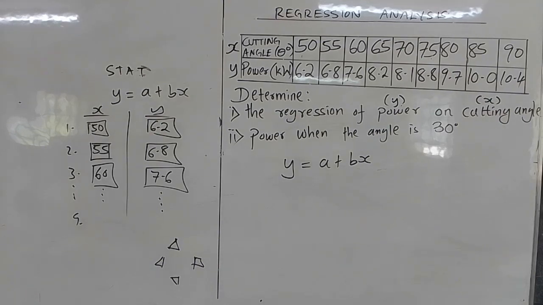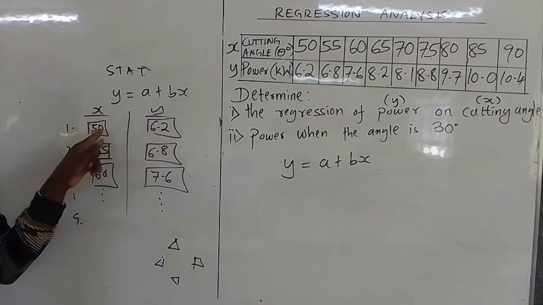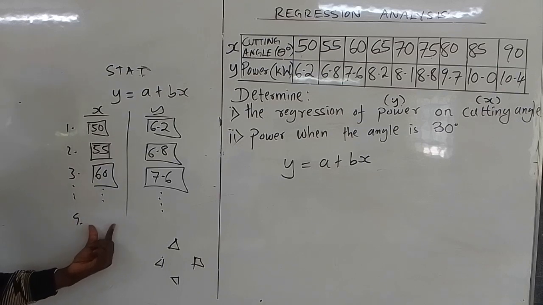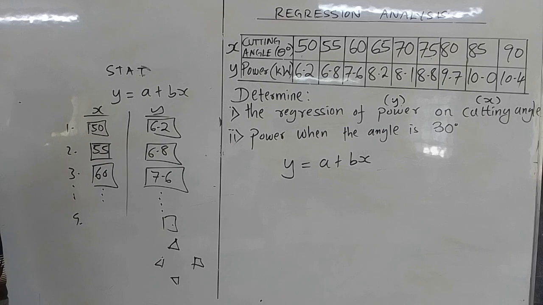Have you recorded all the values? See, I've said you have to confirm. You use the scroll button until you see the calculator is coinciding. This 6.2 is coinciding where 50 is, isn't it? Note that once you've recorded the last x value, when you move there, you start recording y going downwards.